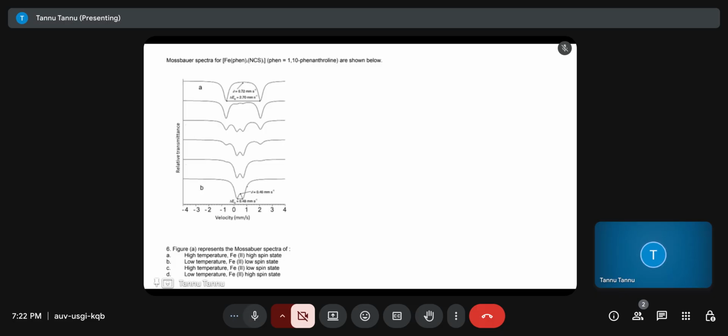So in this plot, you have been given the Mossbauer spectra of an iron phenanthroline isocyanide metal complex. You have been asked these questions.